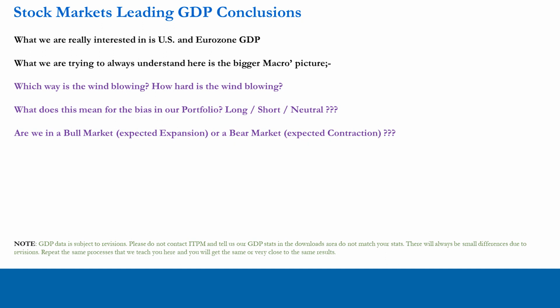So please, in the future, do not contact ITPM and tell us our GDP stats in the downloads area do not match your stats. There's always going to be small differences because of future revisions by authorities in the country that you're looking at, okay?